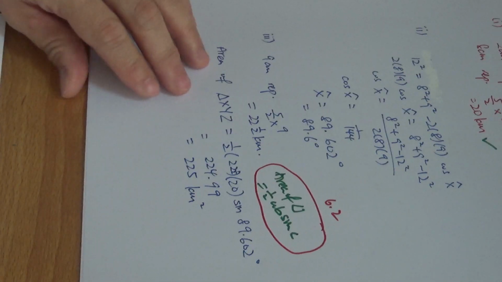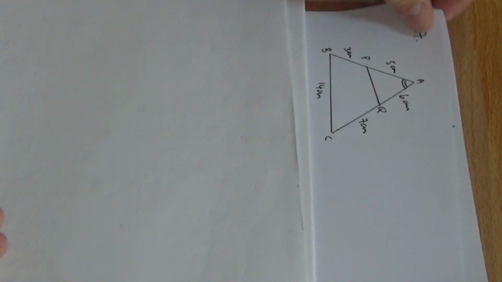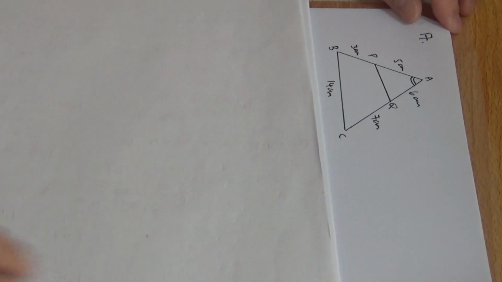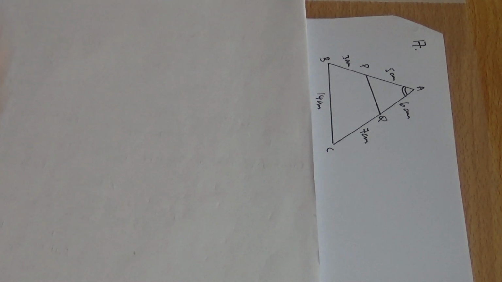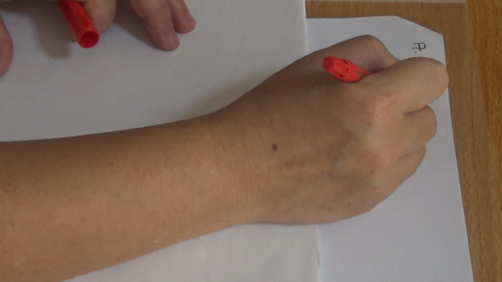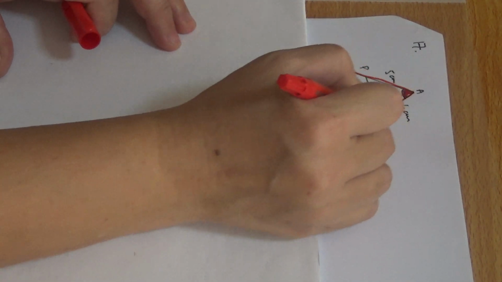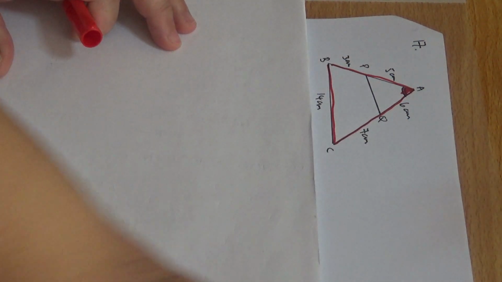Now this is at the advanced level, but it's not very advanced. I will show you why. First, they give you all the information, and then they ask you to find the length of PQ. My aim here is to find this angle first. To find this angle, I make use of this big triangle. I know this side is 8, this side is 13.